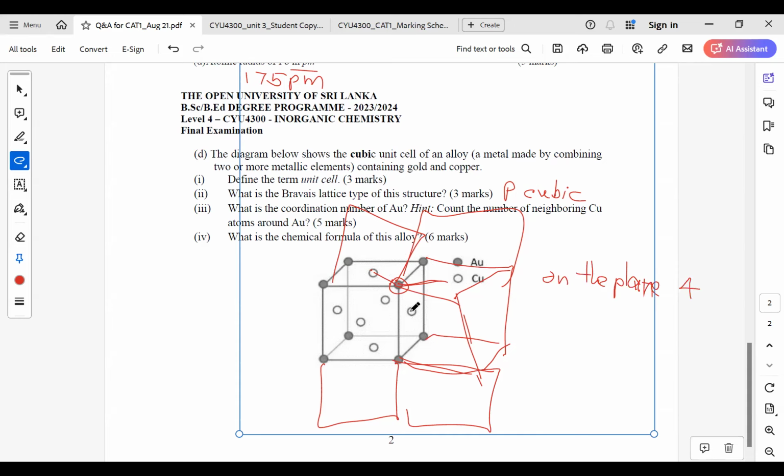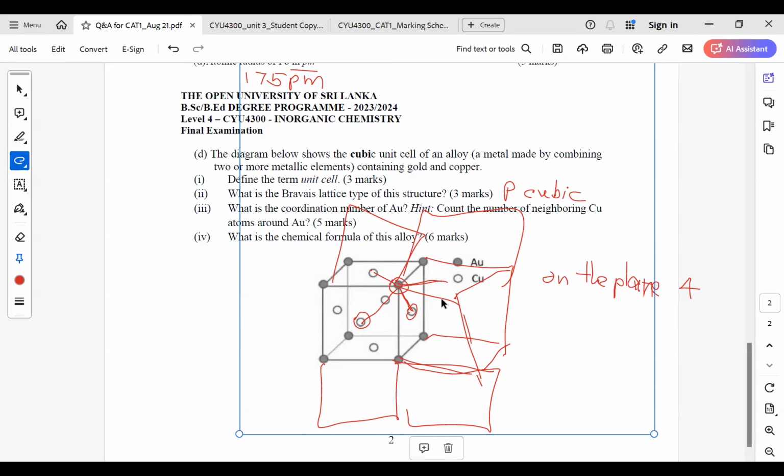Then think about this one. This is on the face, this and this one, these 2. So this is also on the face, right? They are also close, somewhat below, but they are also closer to and can be considered as neighboring copper atoms to Au.